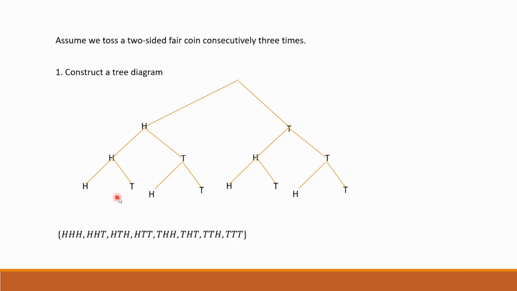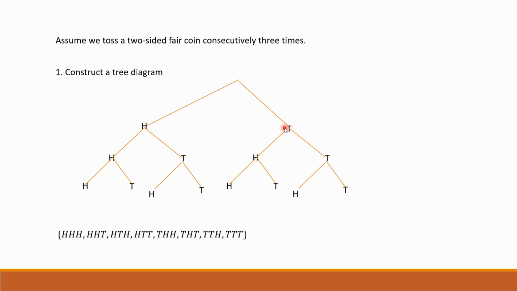And what I did was I made a tree diagram. Again, this is just a good way of getting all the outcomes, right? The first task would be tossing the coin once. You can get heads or tails.